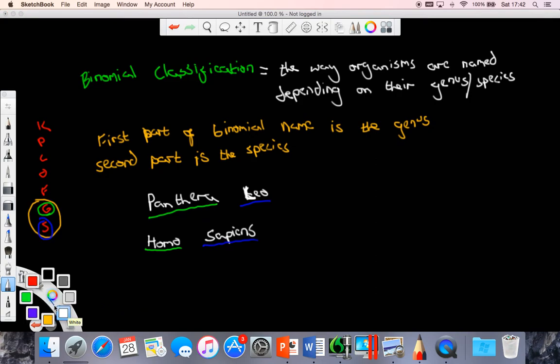A gorilla, which is an unusual one because it's doubled up, is called Gorilla gorilla. What that means is that they are of the genus Gorilla and of the species gorilla. Okay? That allows us to tell what genus and what species an organism belongs to.